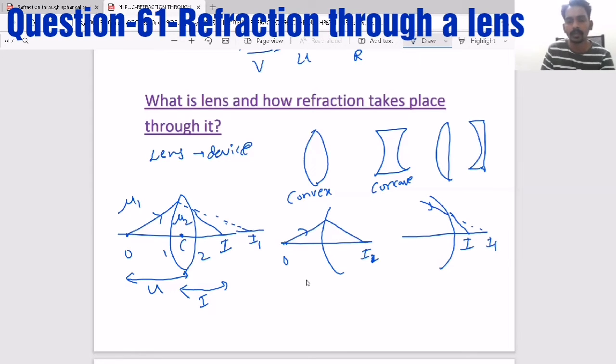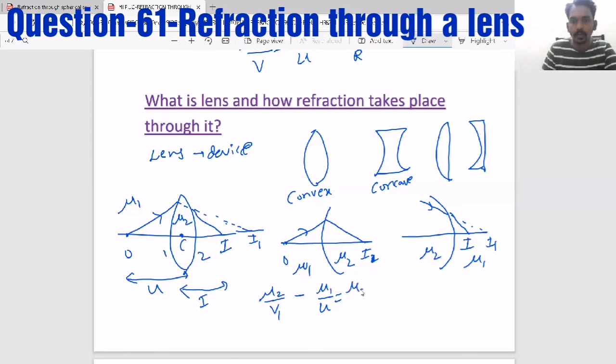So here you can make the formulas. See, this is mu1, this is mu2, this is mu2, this is mu1. For the first surface, mu2 by V1, where V1 is the I1 distance, minus mu1 by U equals mu2 minus mu1 by R1.